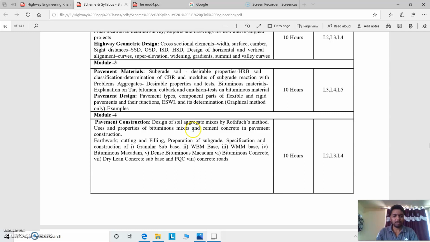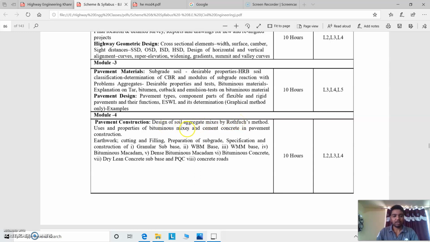In your external exams you will be getting questions on this content. You may get questions to solve the problems by this method, by Rutherford method, or else you may get a question like: describe the steps involved in determining the design of soil aggregates used in the subgrade layer by this method, that is by Rutherford method, right?